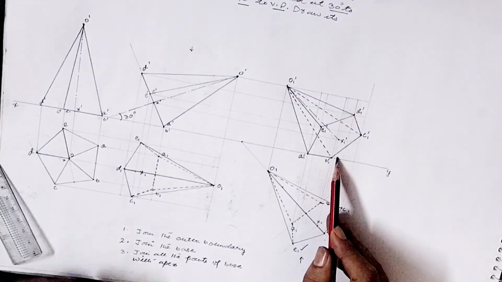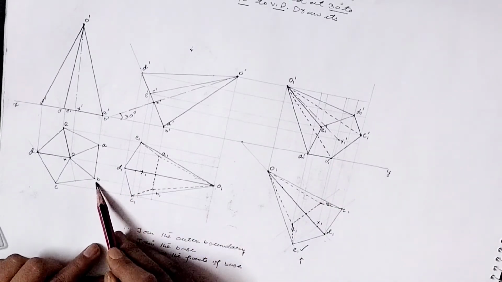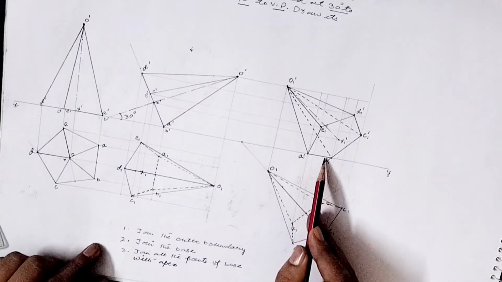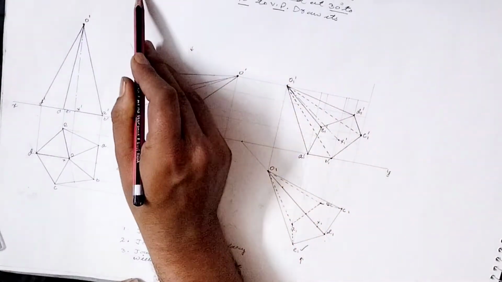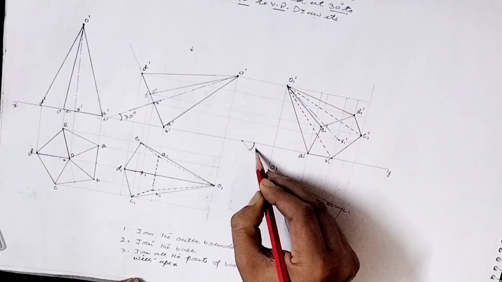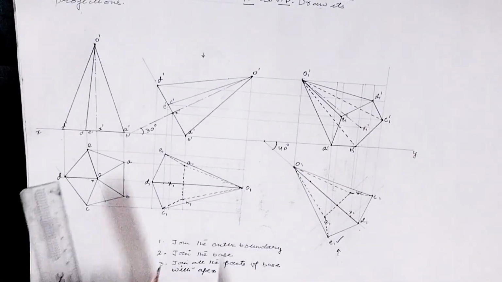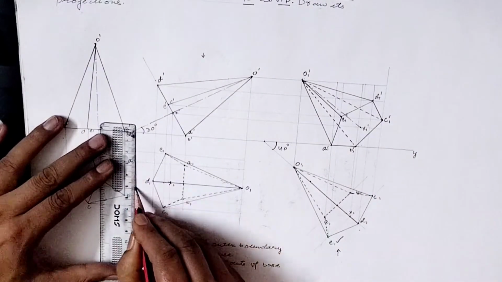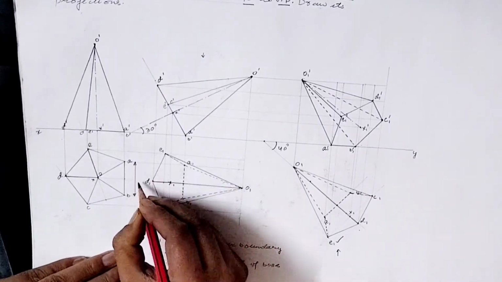Now, as it is given in this problem that the pentagonal pyramid is resting on one of its sides on HP, the front view of the same side should be on the reference line in the final stage. After calculating all the positions of the points, mark the dimensions so that we can complete our solution.